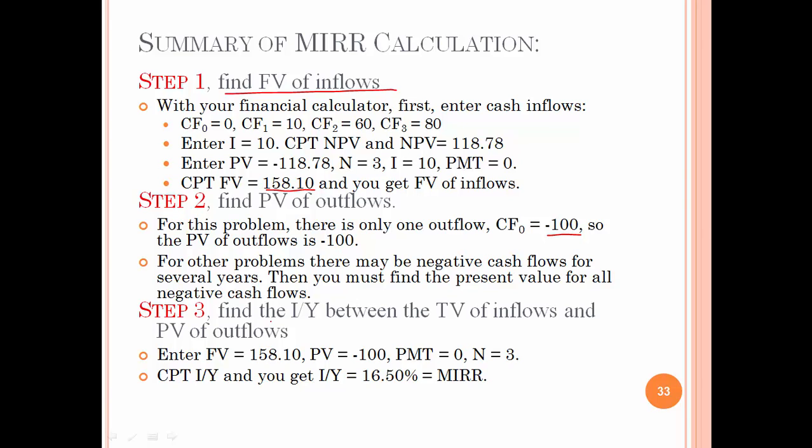Then you find the I/Y, the interest rate, or the discount rate, between the total future value, or the terminal value of all the cash inflows, and the present value of cash outflows. So it is between 100 and 158.1, and you're trying to find this I/Y. What I have here is the financial calculator, but you do not have to do it this way. You can follow the formula or you can also use Excel. Either way, you should get a 16.5% modified IRR.